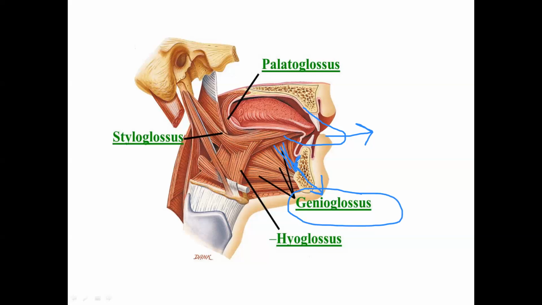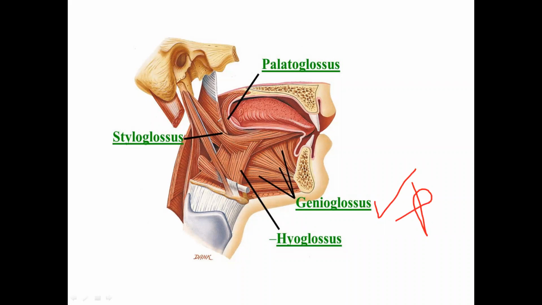On the inner surface of the mandible, we have little projections called genial tubercles. The muscle attached from the base of the tongue to the genial tubercle, from the direction of the muscle, we understand that this muscle will help protrusion of the tongue. So the muscle that helps protrusion of the tongue is called the genioglossus muscle. Protrusion.